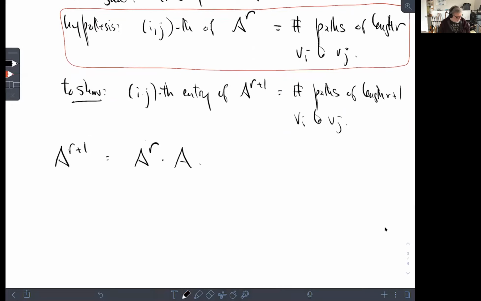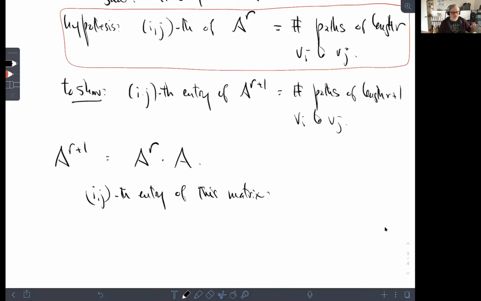So how do you multiply matrices? These are all square matrices. You can multiply, obviously, everything is nicely defined. So what is A to the r times A? Row times column. So let's say that I want the ijth entry of this matrix.